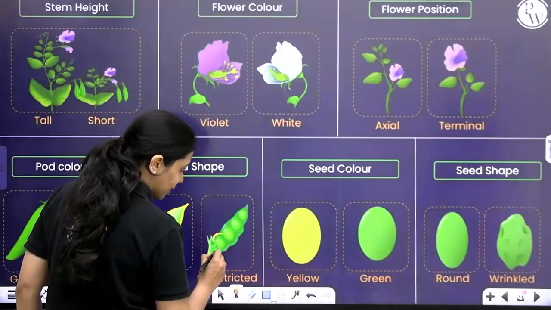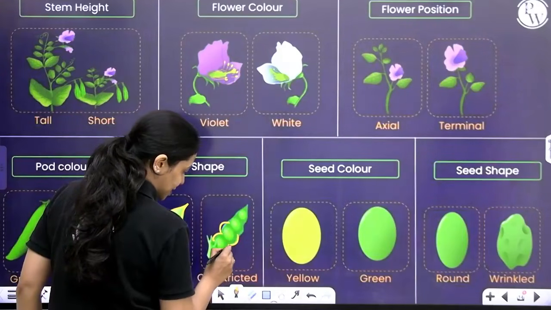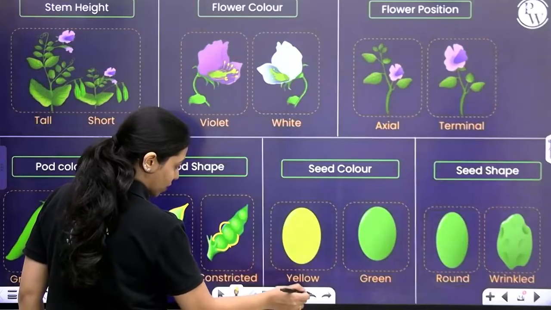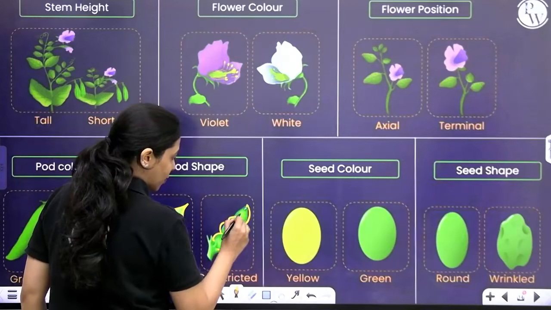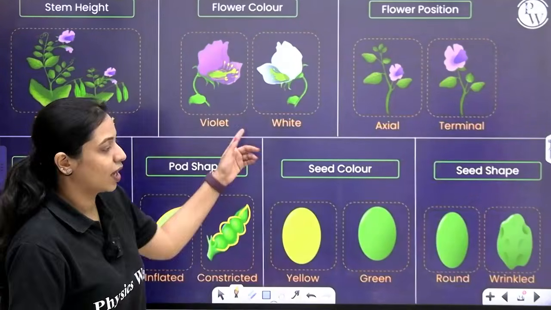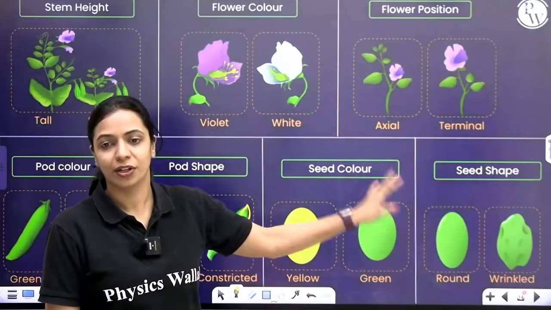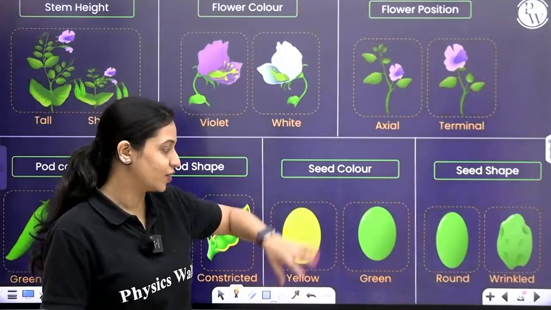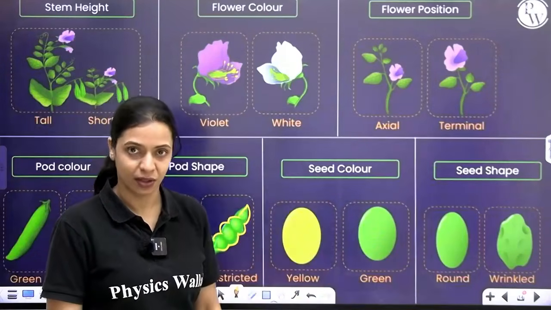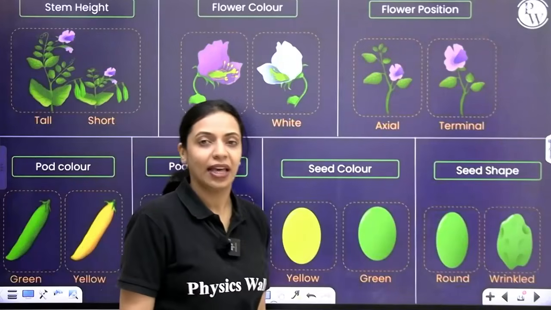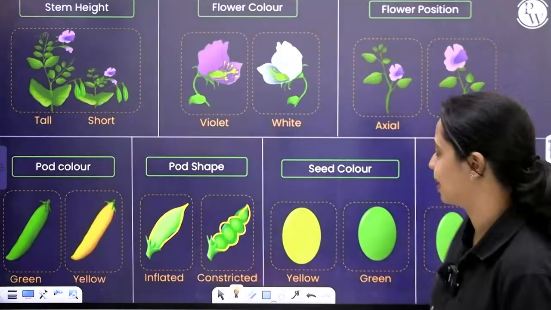Constricted means there are narrow regions like this. Here you can see it becomes narrow, right? That is called constriction. Color of the seed, either yellow or green. Shape of the seed, either round or wrinkled in appearance. So these are the 7 characters and the 14 traits that were selected by Mendel.